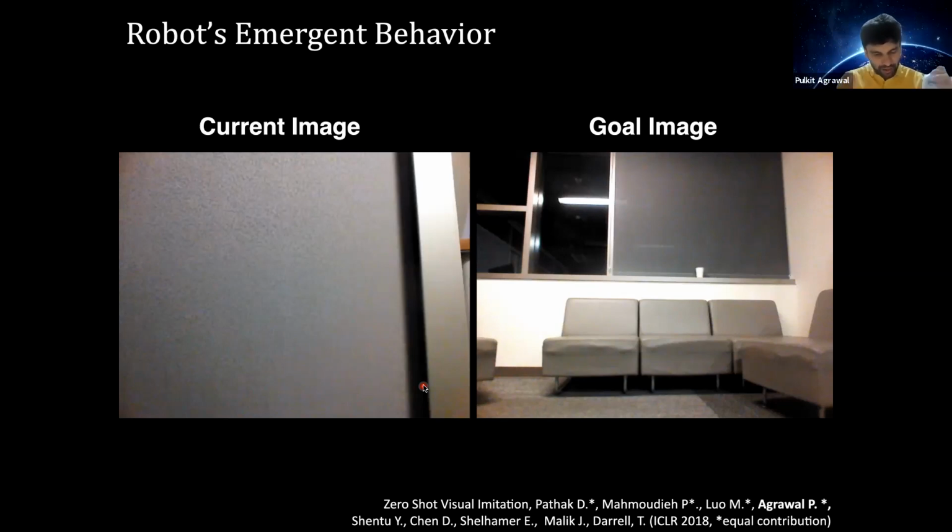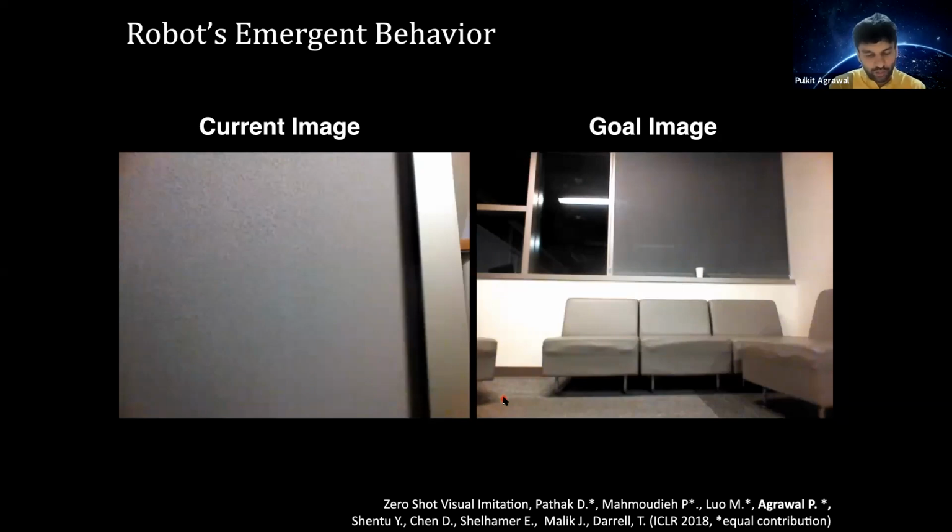So if I put you in this environment, and you were staring at this gray image, and I give you one more image which showed this couch, and I say, go over there. What would you do? So one suggestion is move around, one suggestion is move back, look around, right?